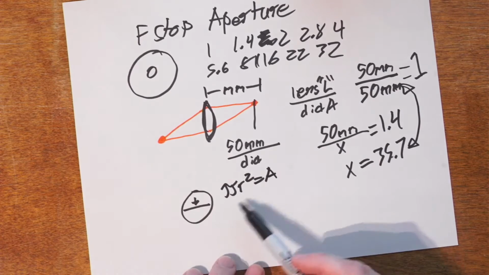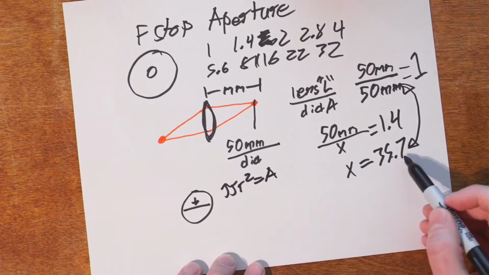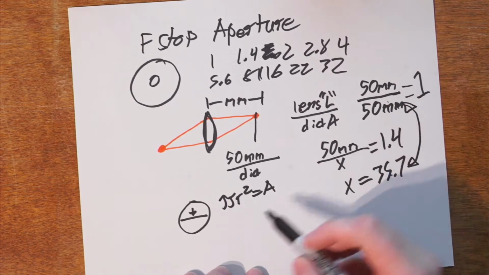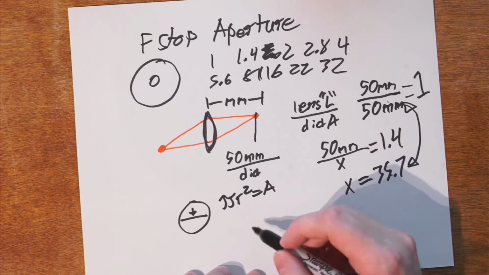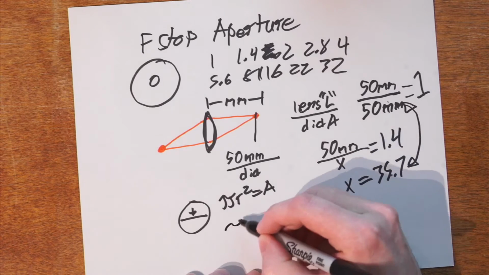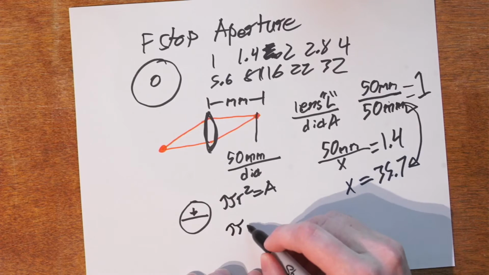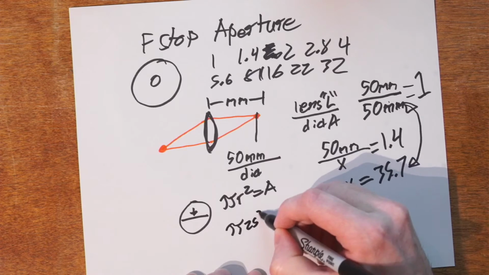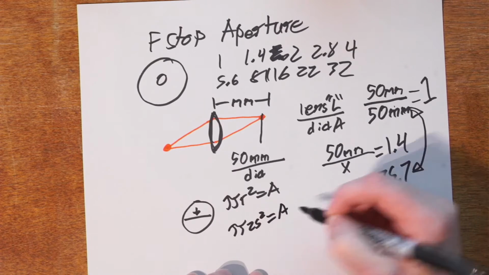And then we can do out this math. The radius is just half of these two. We can do out this math, and what we will find is that the answers to these two equations differ. If I go pi times half of 50, which is 25, squared equals area.